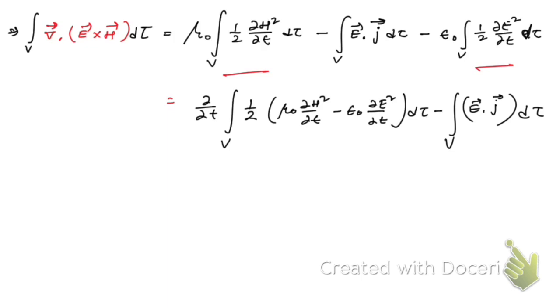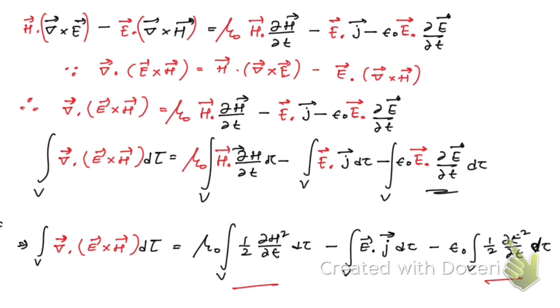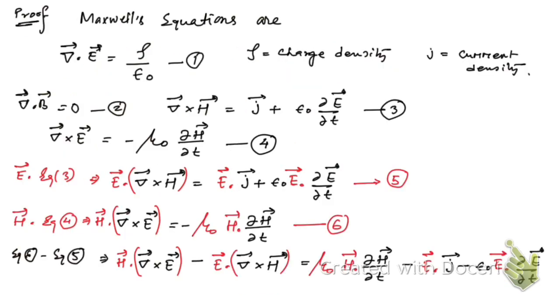I think I have missed a minus sign somewhere. Let me go back to the previous slide and check where I missed it. Okay, this minus sign I have missed here. So there should be a minus sign here.